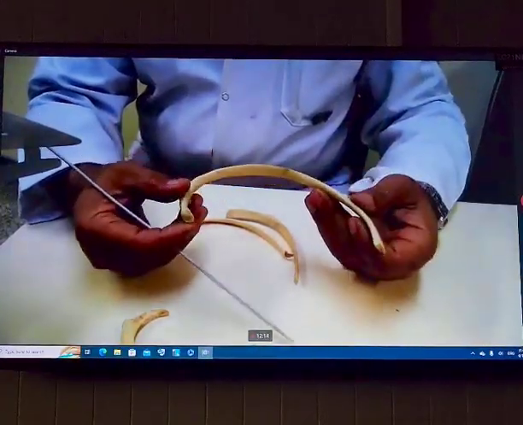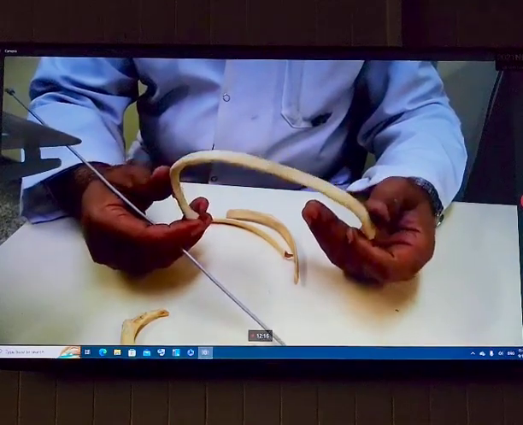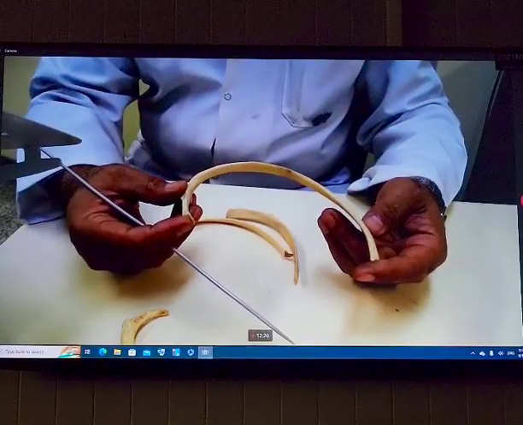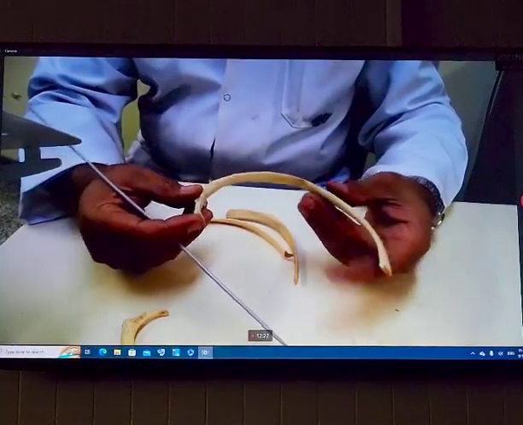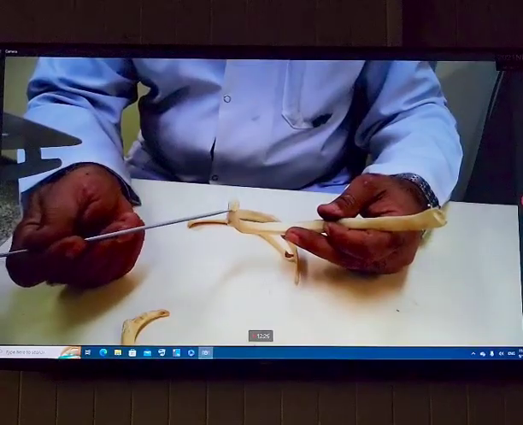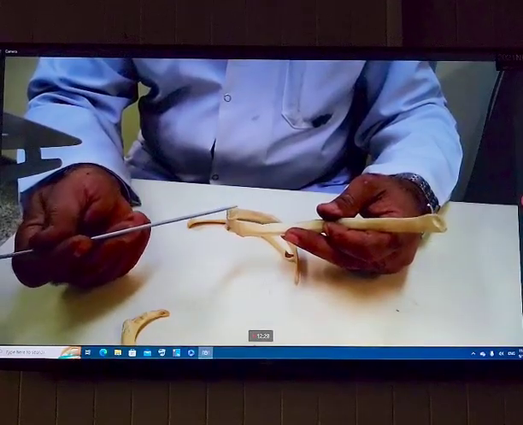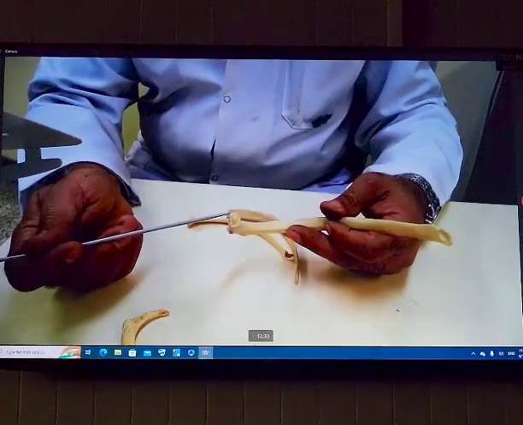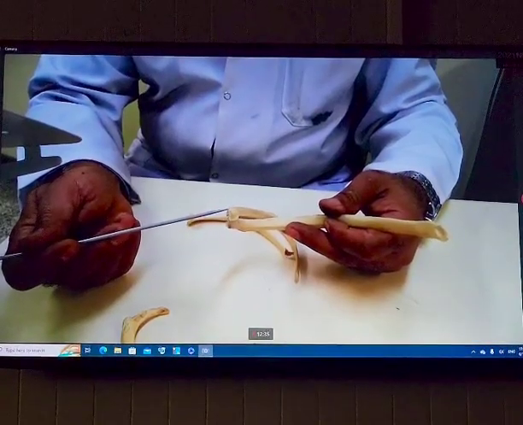That is a rib which is probably typical. But the problem with that rib is that the head shows only one facet, so it is not typical. It is the 10th rib, right?